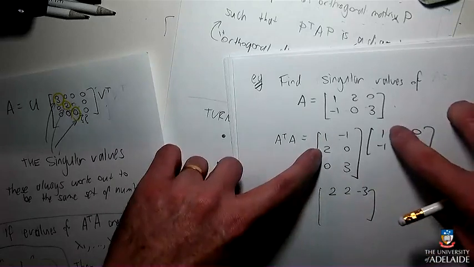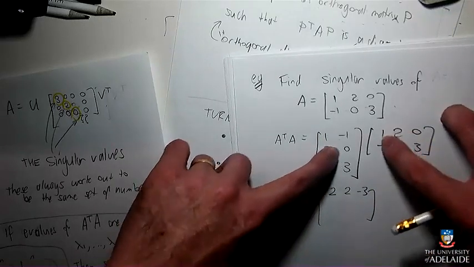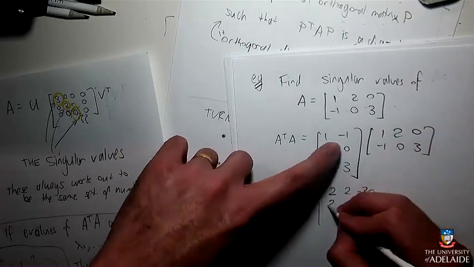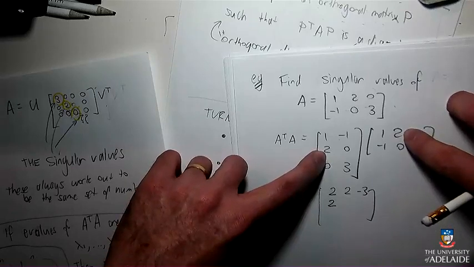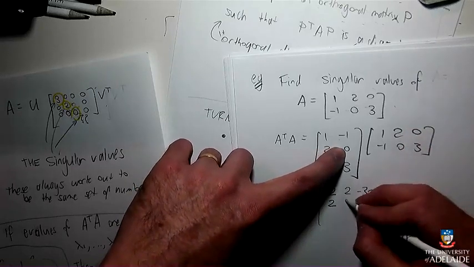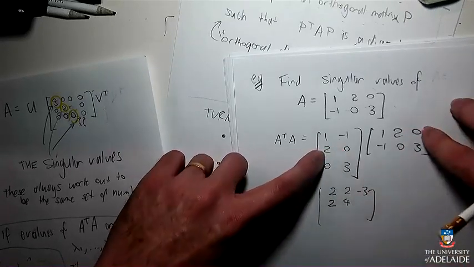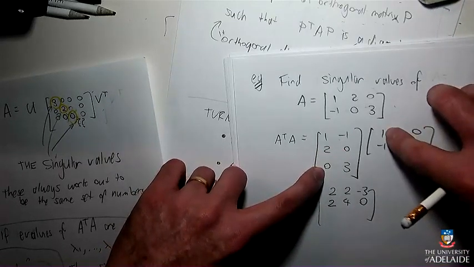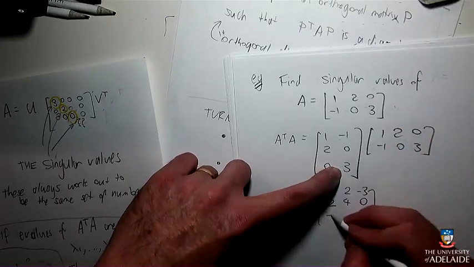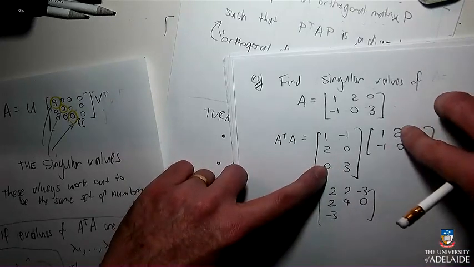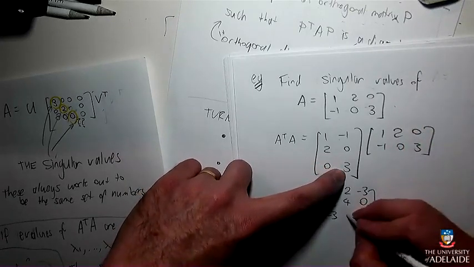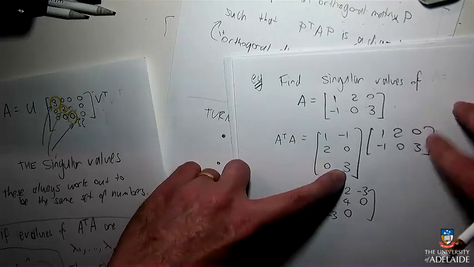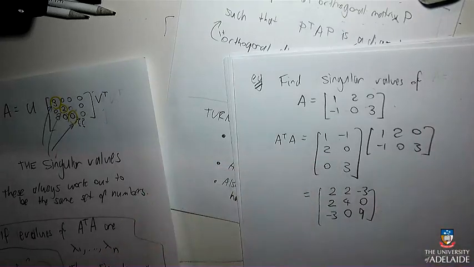Yep. 2 times 1 is 2. 0 times negative 1 is 0, so that's also a 2. 2 times 2 is 4, plus 0 is 4, sorry. 2 times 0 is 0, 0 times 3 is 0, 0 times 1 is 0, 3 times negative 1 is negative 3, 2 times 0 is 0, 3 times 0 is 0, add them together, still 0, 0, 9. Which is a symmetric matrix, as it should be. A transpose A is always a symmetric matrix.